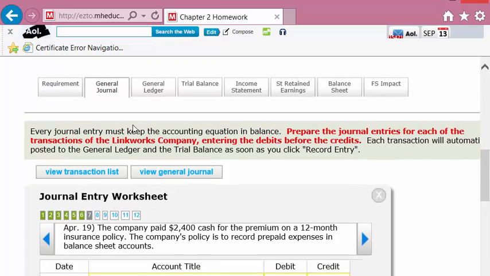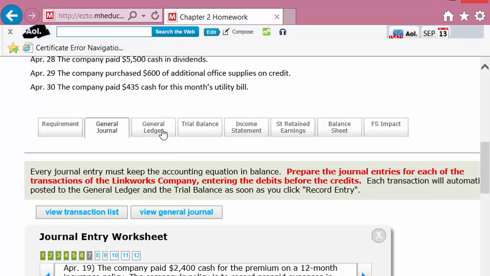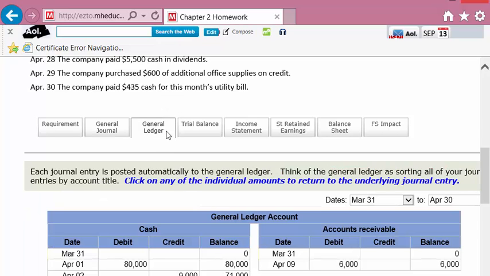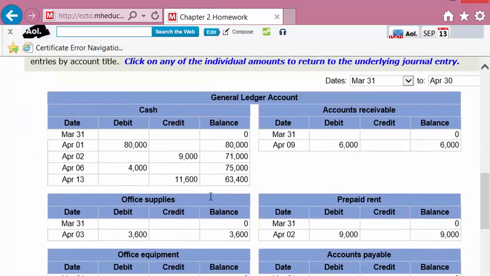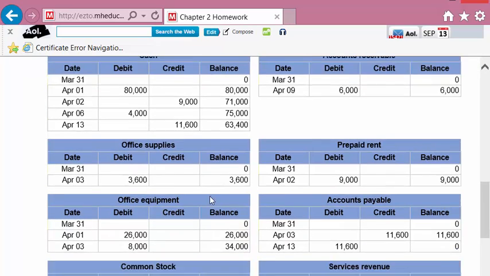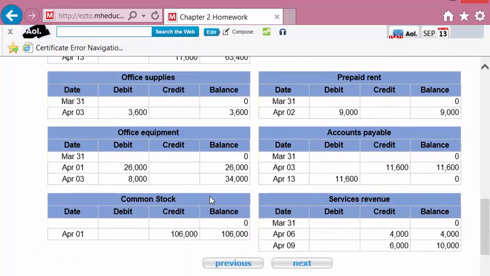Okay, good. And then come back up and go to the general ledger for a second. Okay, and look at the general ledger and notice we have our assets on top here, but keep coming down. And then we have our what? We have our liabilities here, sort of the way we had in that little exercise that we did, right?